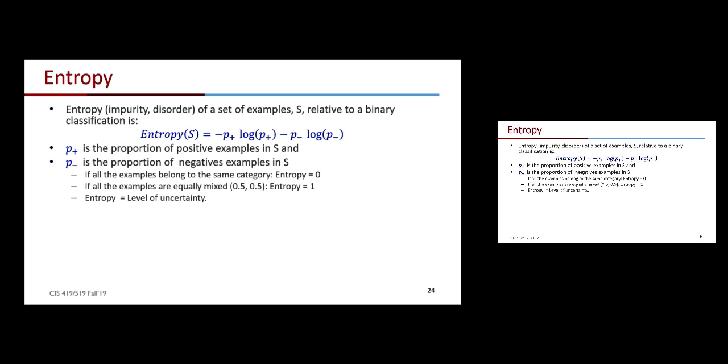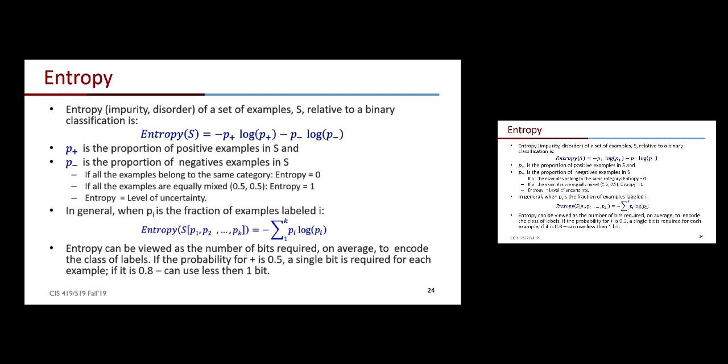So P plus and P minus are both a half. Log base 2 of a half is -1, but I have a minus in front of each one of these. So I have minus a half, minus a half, so I get 1. So basically, the entropy here measures the level of uncertainty. It's 0 if I already know what's happening. It's 1 if I have no idea what's happening.